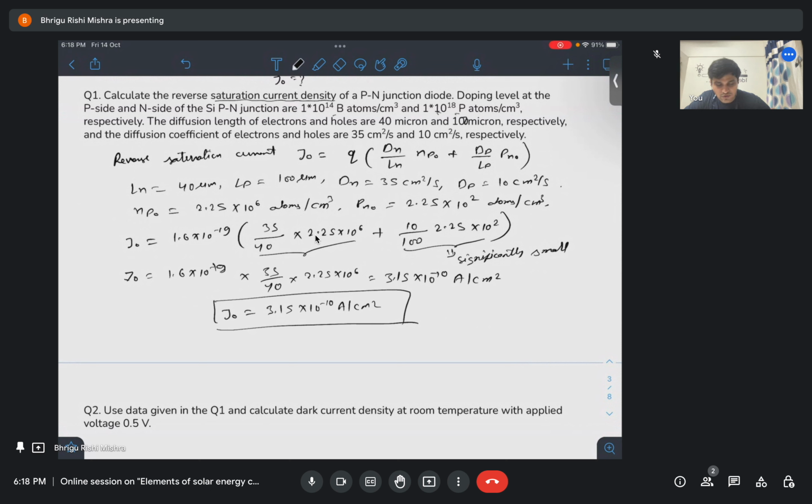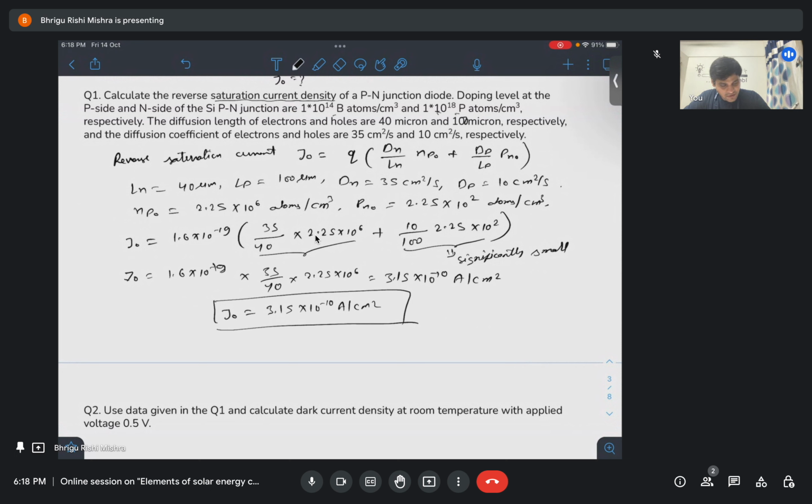So you should know that this doping level at p side, that is 1 into 10 to the power 14 boron atoms per centimeter cube, is nothing but the Np.